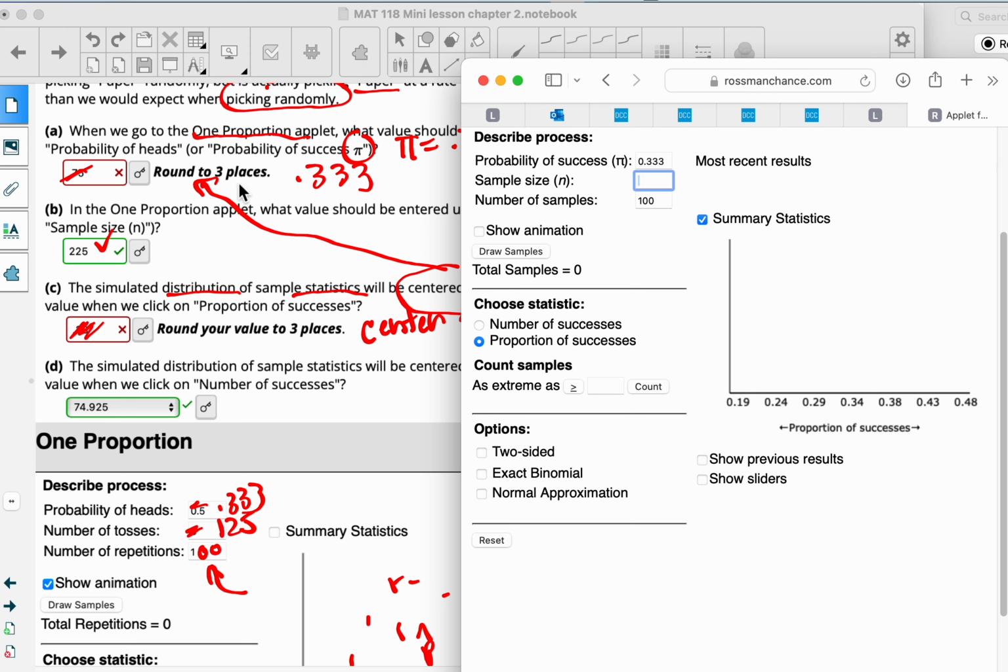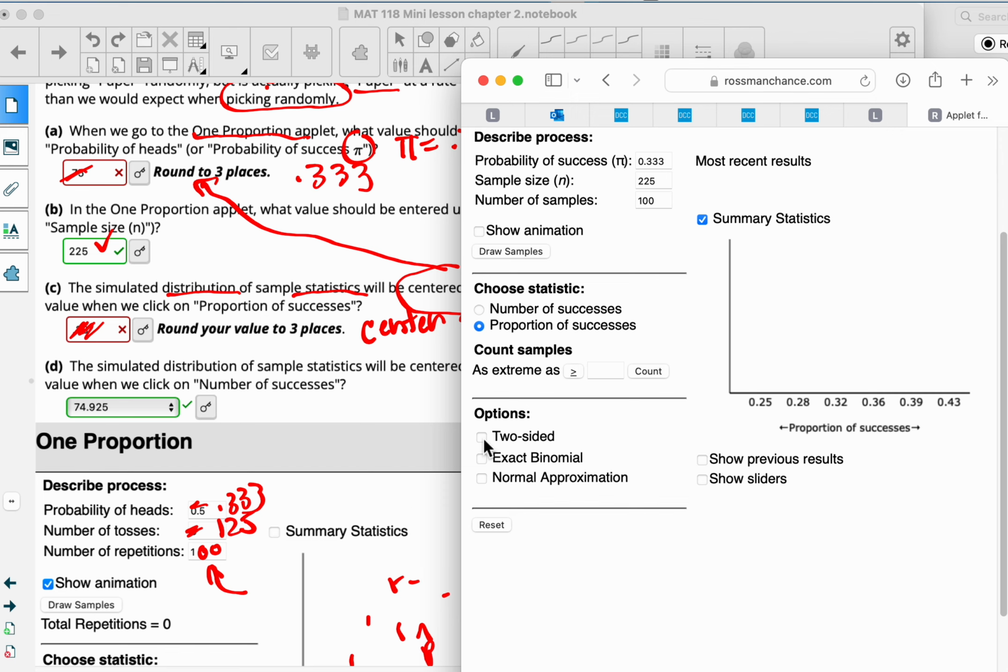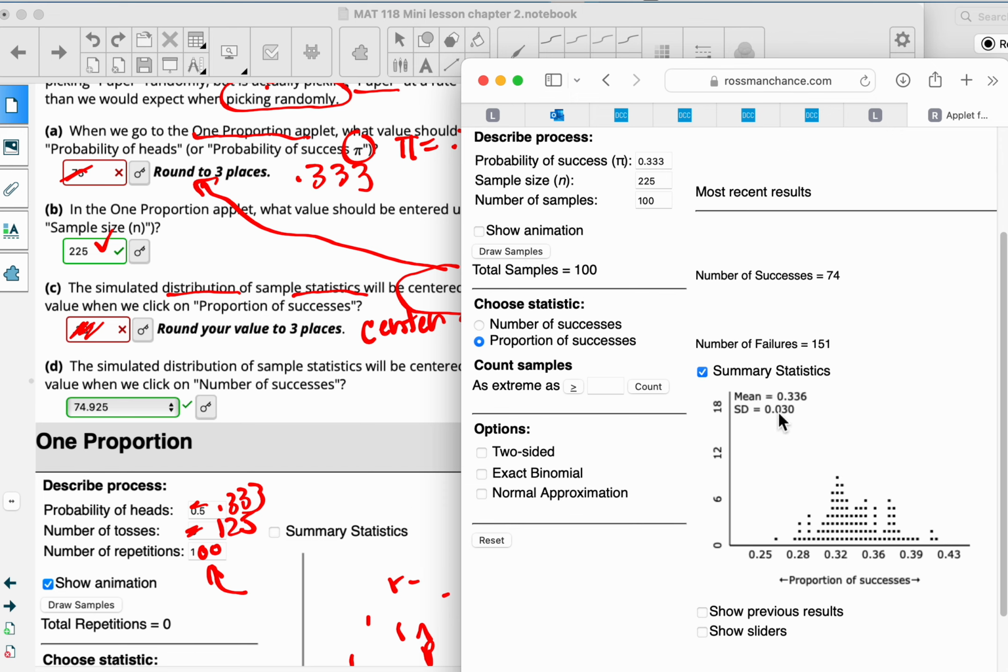And then if my sample size is 225 and I repeat that 100 times, I can see here that my mean of the sample or the center is 0.336. It's pretty close to 0.333 because that is what we told the computer to do.